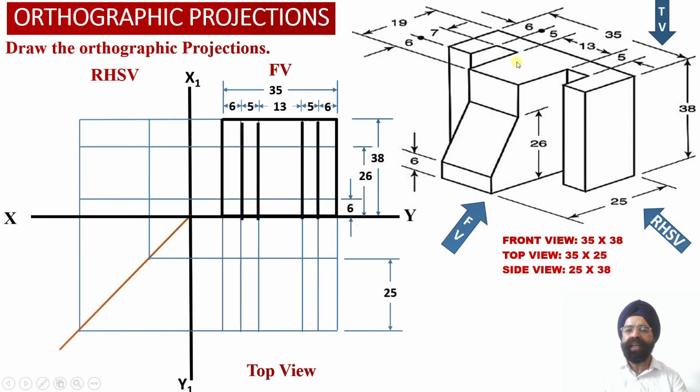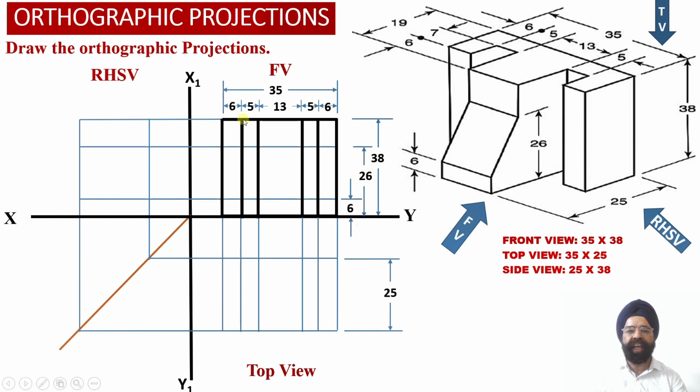Now we know that this is the left side vertical web perpendicular to the front face which will be visible to the observer, and it has a height of 38 millimeter and a width of 6 millimeter. So this is our element number 2.